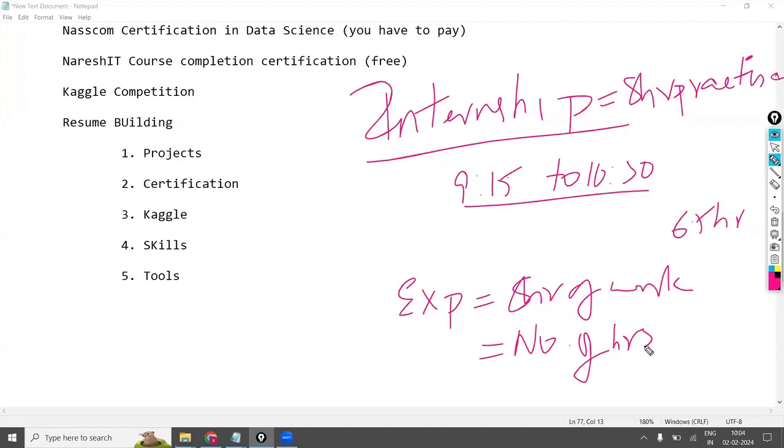Work. If, for example, I have joined a company. First day I went to the office. Second day I went to the office. Again, I have taken a long leave of 8 months due to some accident. Assume this is the case. 2 days I went to the company and 8 months I was bedridden.